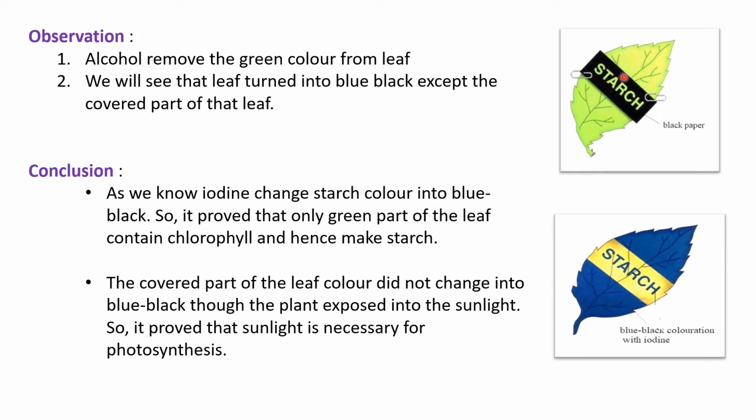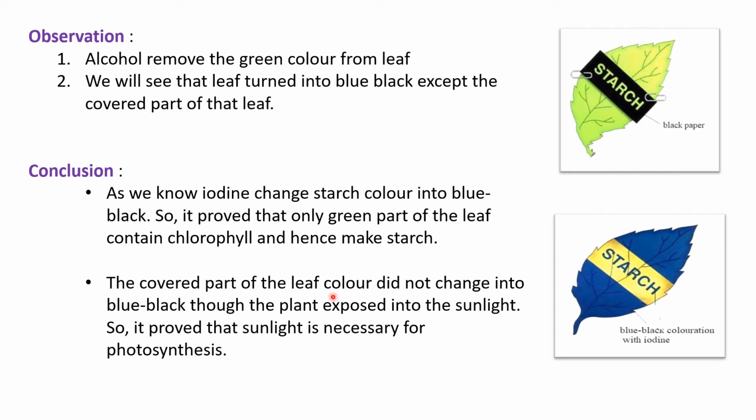So where the green part is present, there only starch is manufactured by the process of photosynthesis. So here we can conclude that starch is made by the process of photosynthesis, and only the green part can produce that starch. Okay.